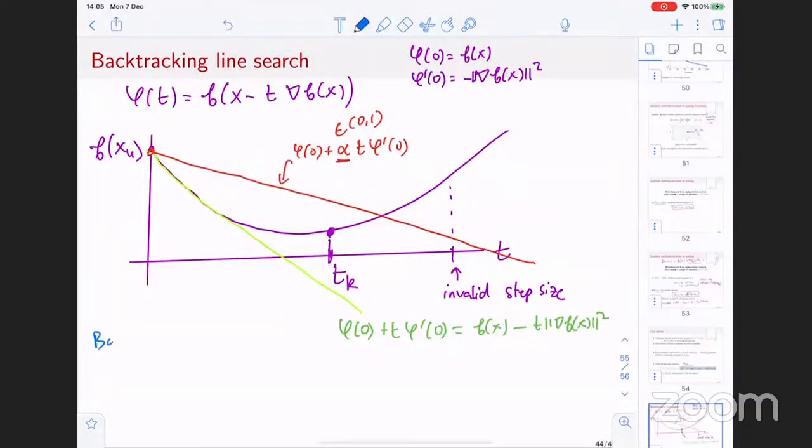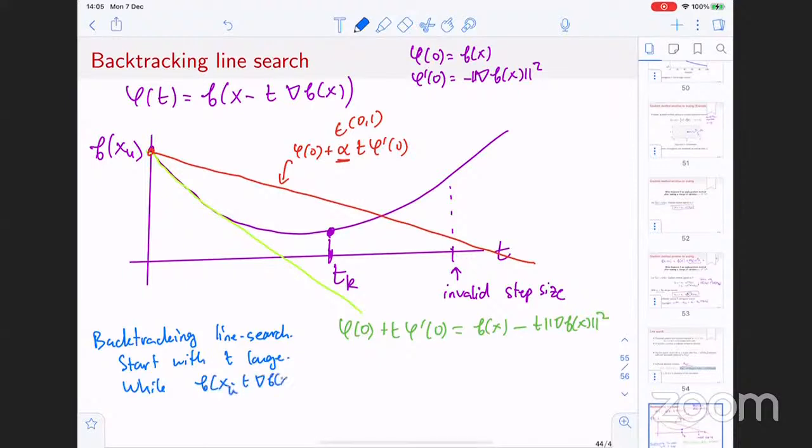So backtracking line search typically has the following form. We start with t large, and then while f at xk minus t gradient of f at xk is bigger than f at xk minus alpha t norm of gradient of f at xk squared, you decrease t.